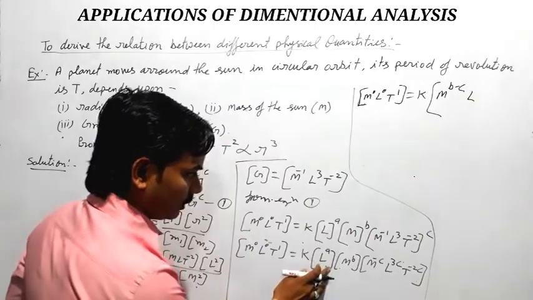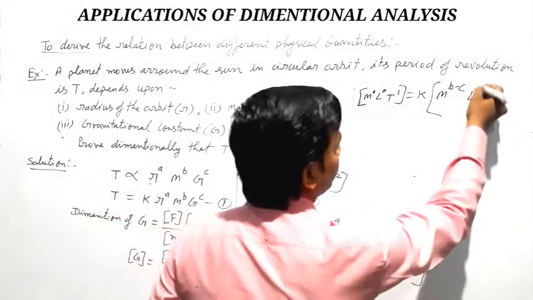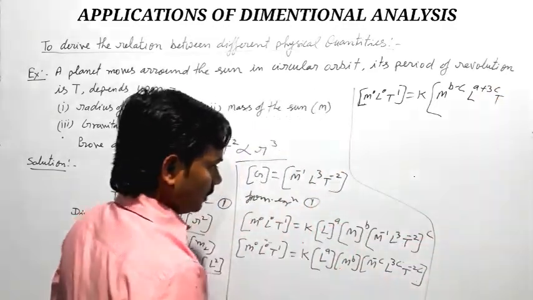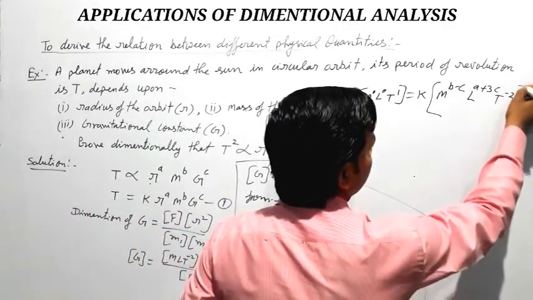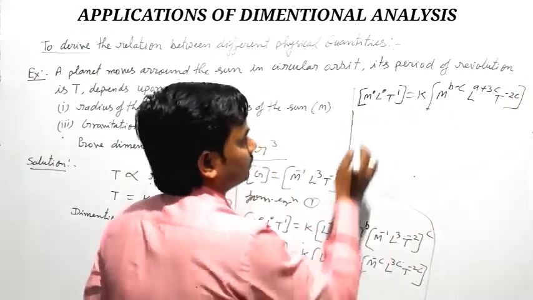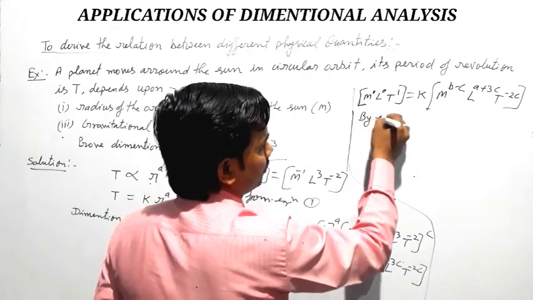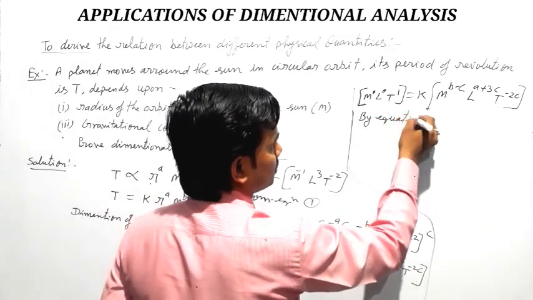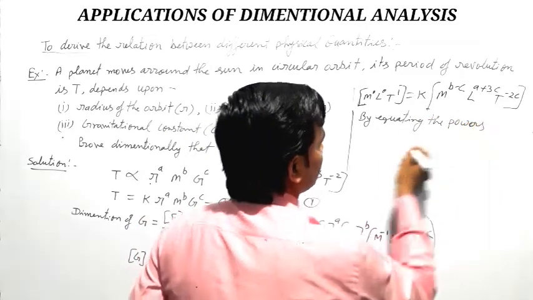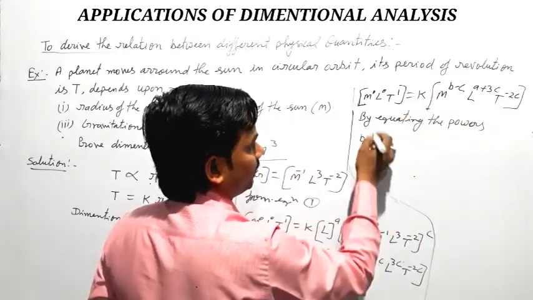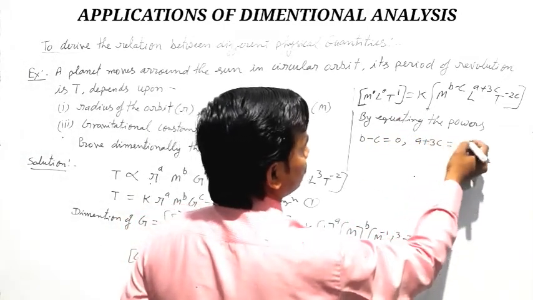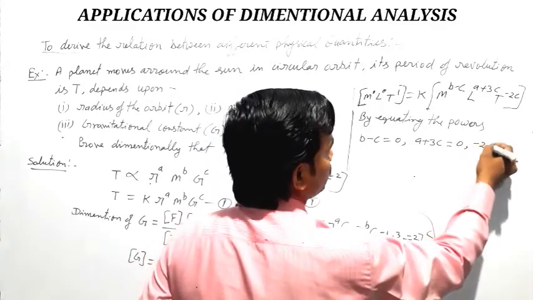And the dimension of L will be a plus 3c. And the dimension of T will be minus 2c. Now we will equate the powers. This will be b minus c equals 0, a plus 3c equals 0, and minus 2c equals 1.